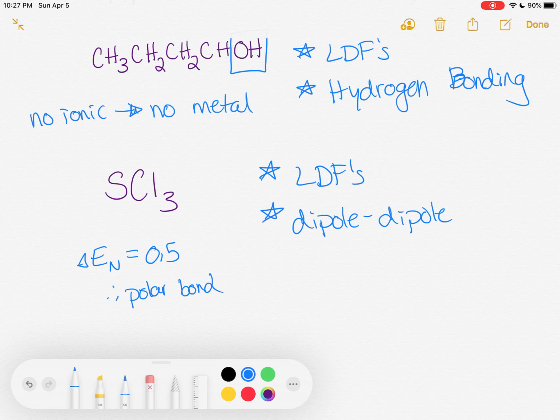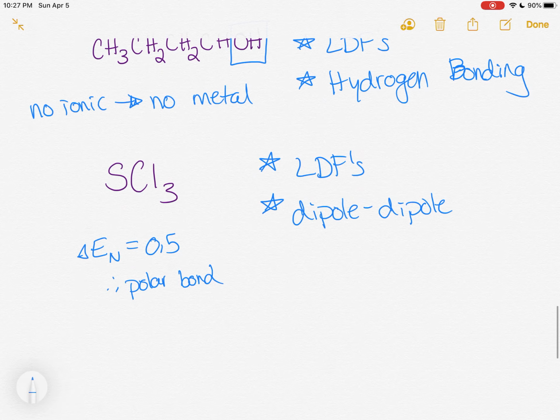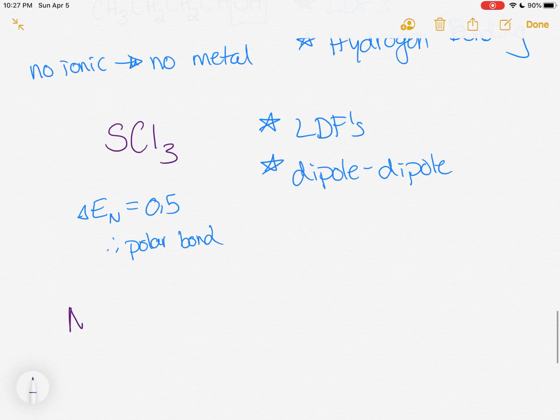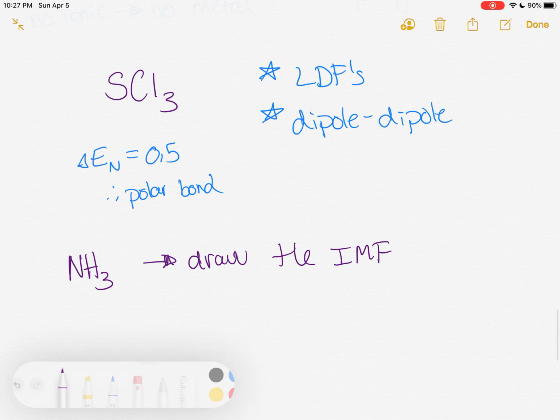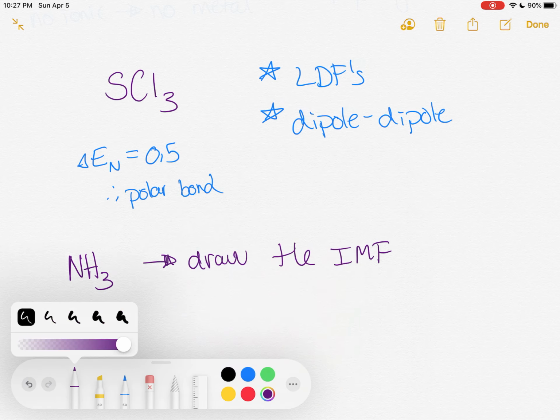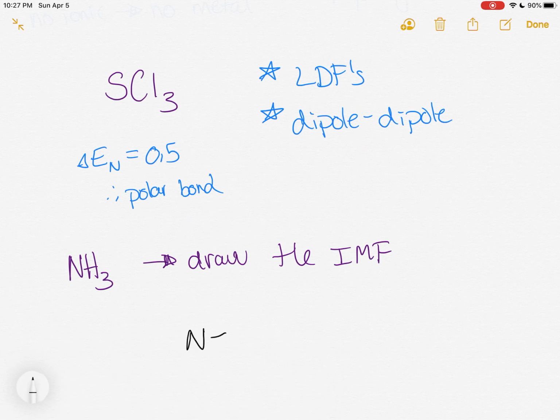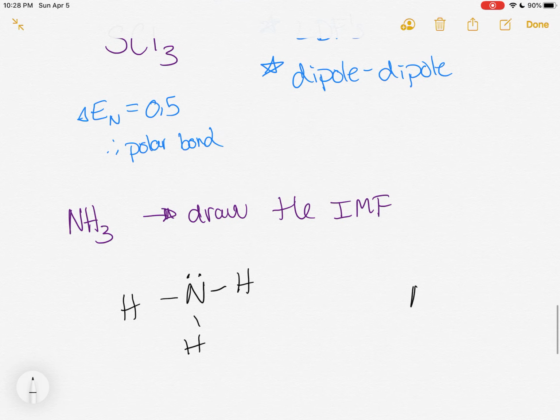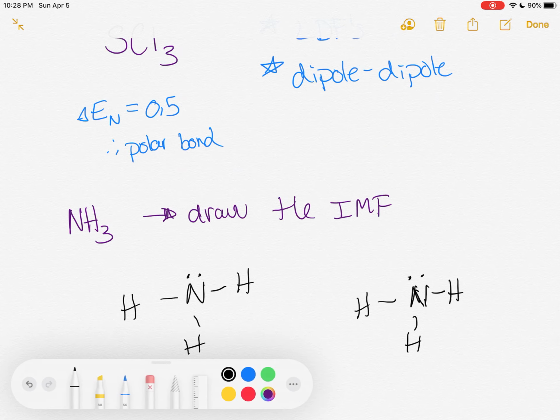Now, if we wanted to draw the intermolecular forces between molecules, let's try one more example here. Say I give you the molecule NH3 and say draw the intermolecular forces in NH3. What we need for this is we have to actually draw two NH3 molecules. So we need Lewis structures for our NH3 molecules.